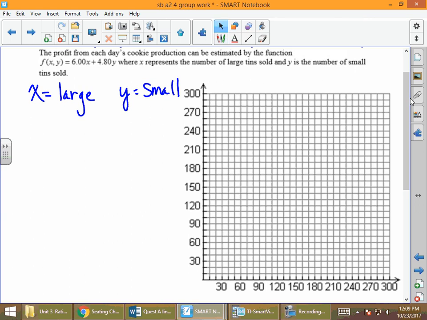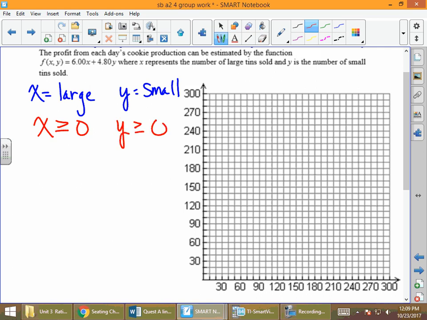But what we're going to do in part A is write a system of inequalities to represent the number of cookies to be produced. When we start, we need to assume that we're going to be making some large tins of cookies and some small tins of cookies.